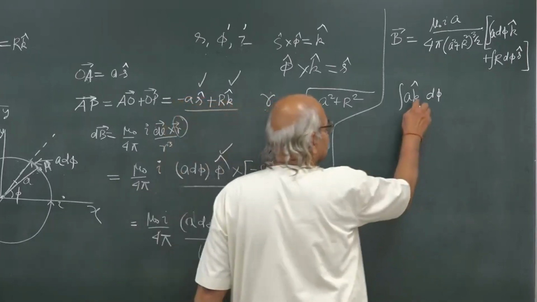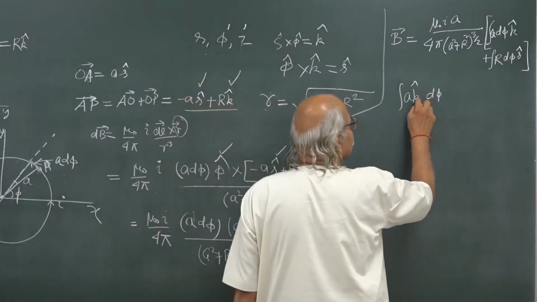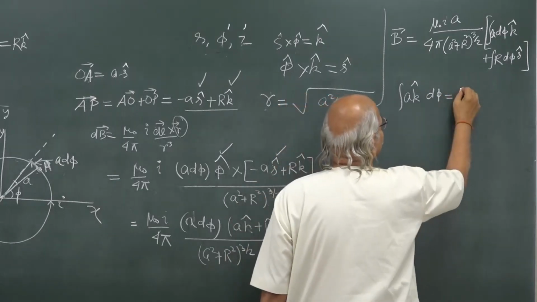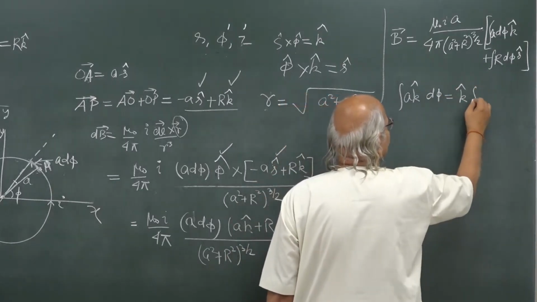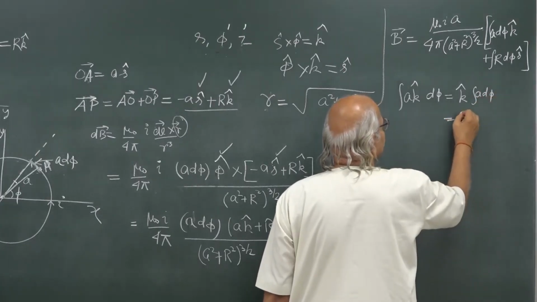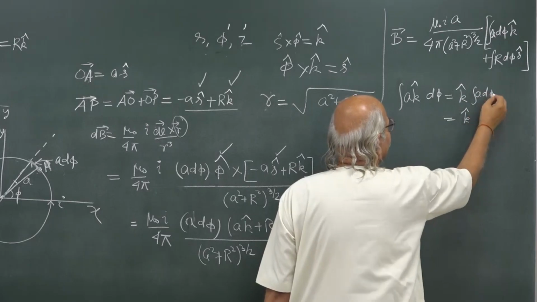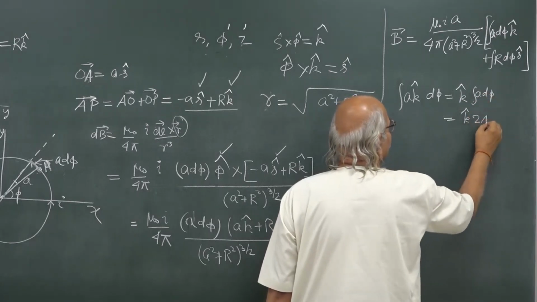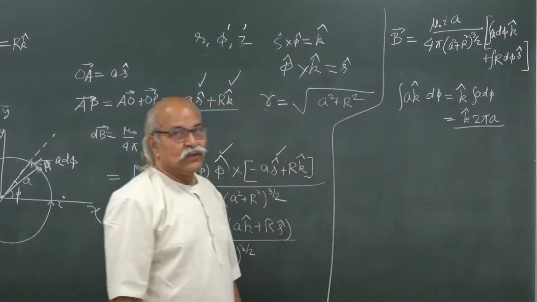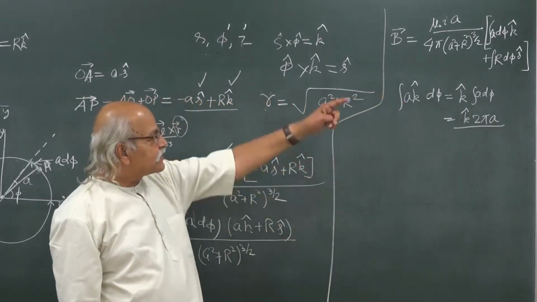So, this is constant, it does not depend on which phi you are talking of. So, this is equal to k cap outside, A d phi, and A is constant, d phi integration is 2 pi. So, 2 pi A. So, this is 1.